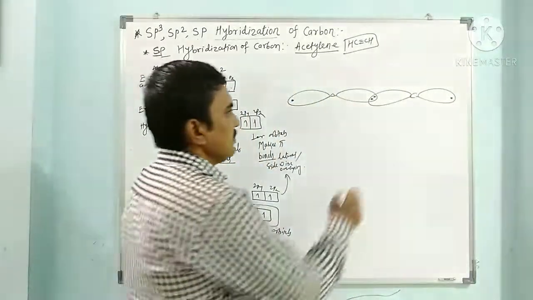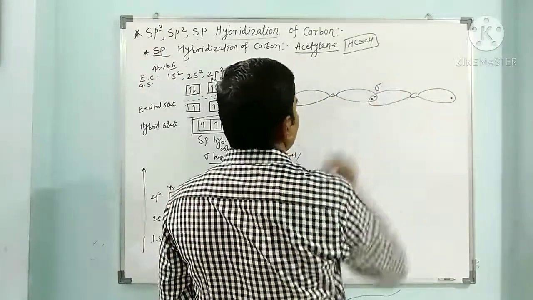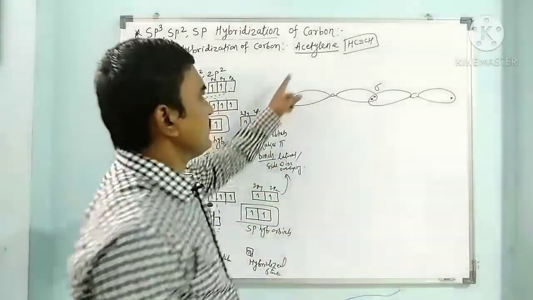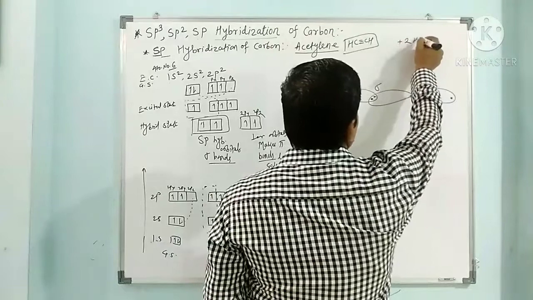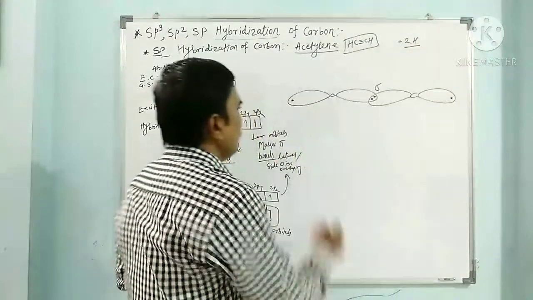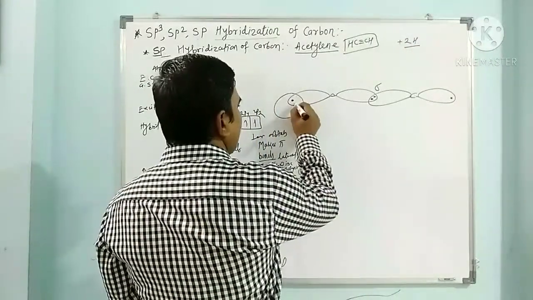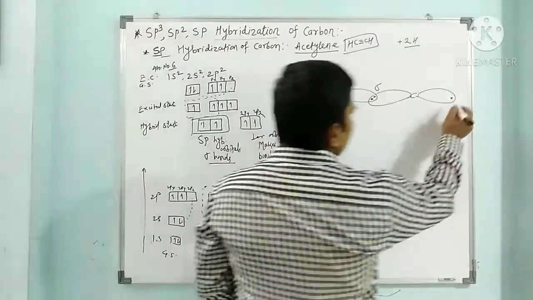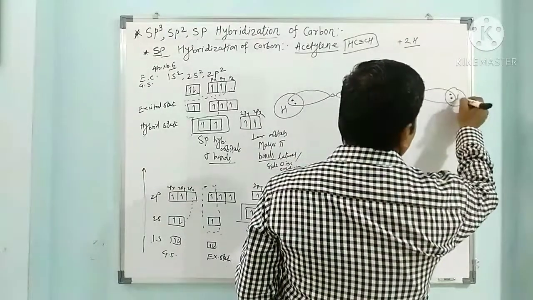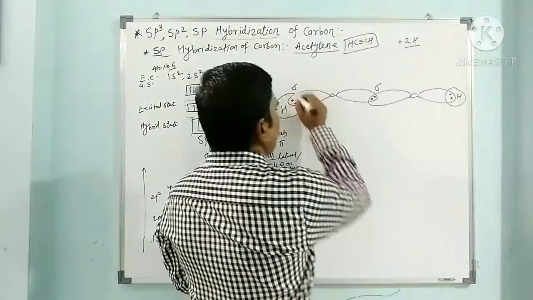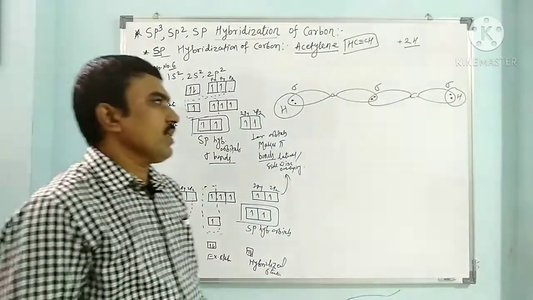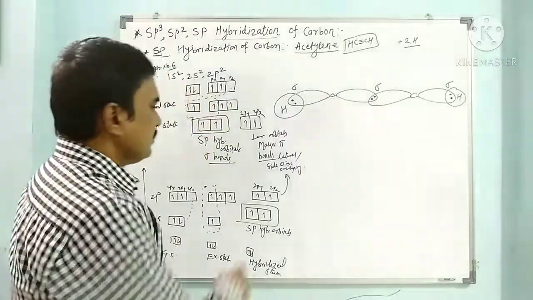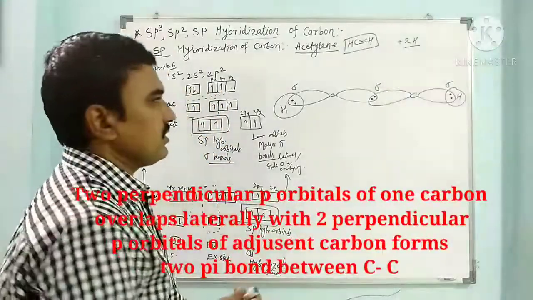Now here it forms a sigma bond, and it interacts with two hydrogens. So two carbons and two hydrogens. Here one electron from each hydrogen makes a sigma bond here and a sigma bond here. Now what about these 2py and 2pz orbitals?